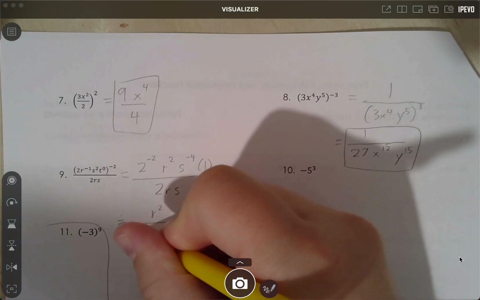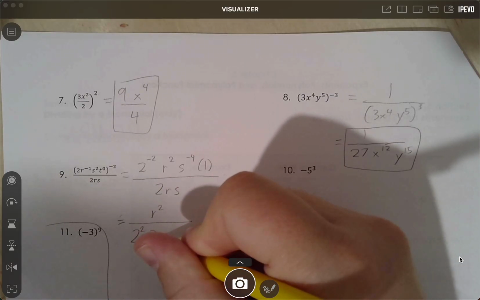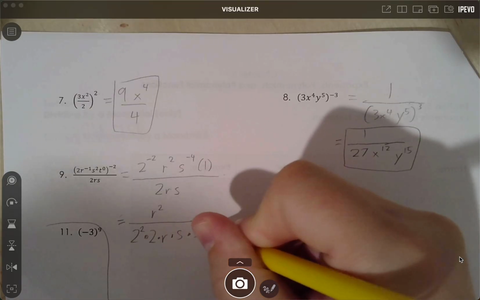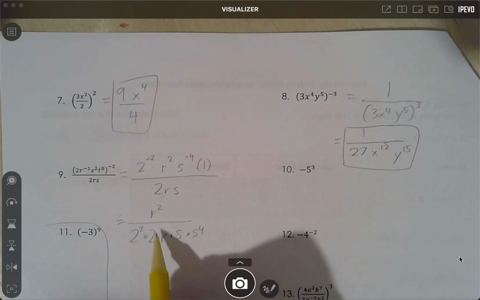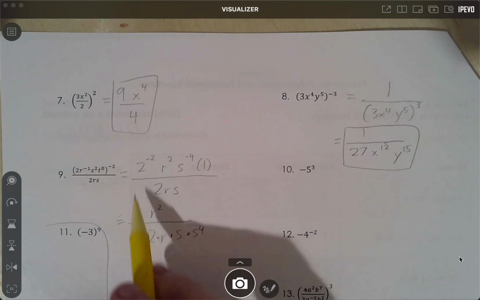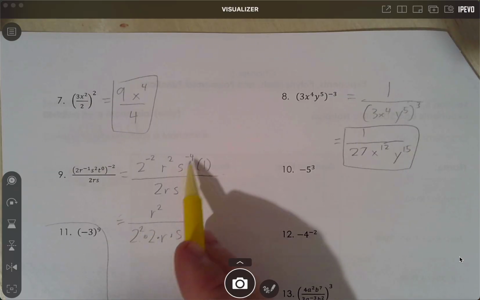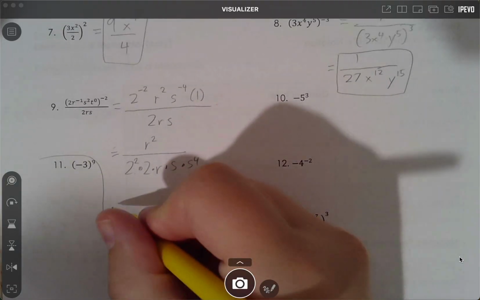I now have a 2 squared times a 2 times an r times an s times an s to the 4th. Alright, to me that's how I see it. The 2rs that was on the bottom is still there, and I'm just moving that 2 to the negative 2 down to the bottom and making it positive, moving that s to the negative 4th to the bottom and making it positive.